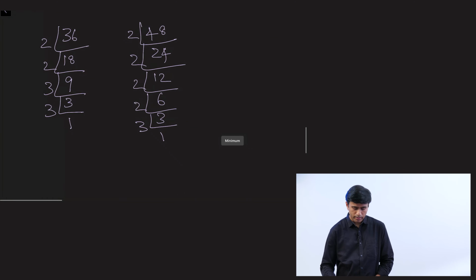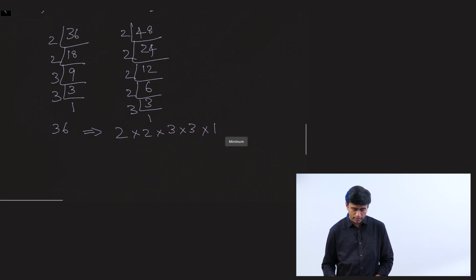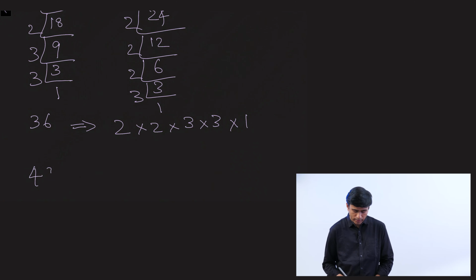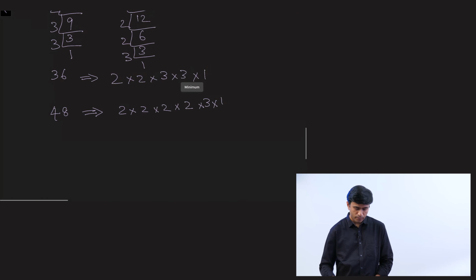So we can write 36 as 2 into 2 into 3 into 3 into 1. You can write 48 as, we are just writing the prime factors, 2 into 2 into 2 into 2 into 3 into 1.